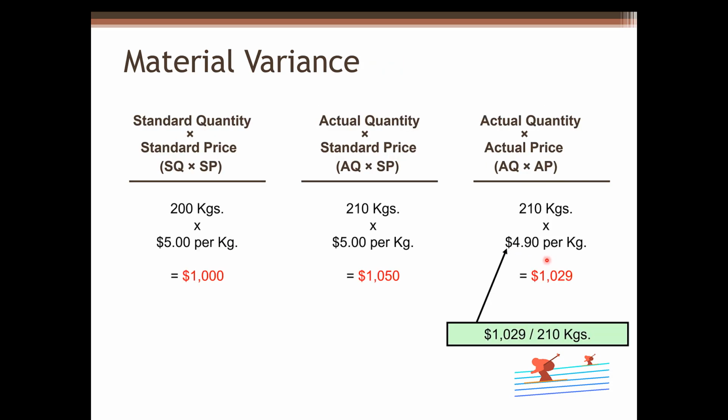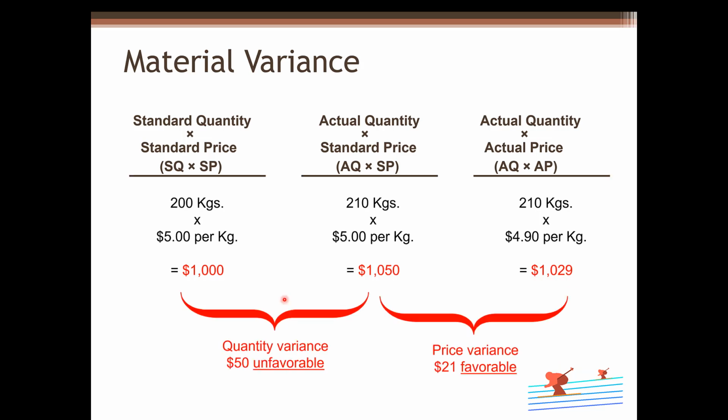So we can calculate actual price for each kilogram, 1,029 divided by 210, and then we can get $4.90 per kilogram. To calculate column 3, we can use actual quantity, 210 kilograms, times $4.90 per kilogram, and get actual cost, $1,029.